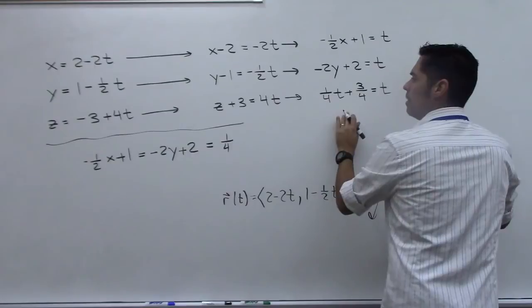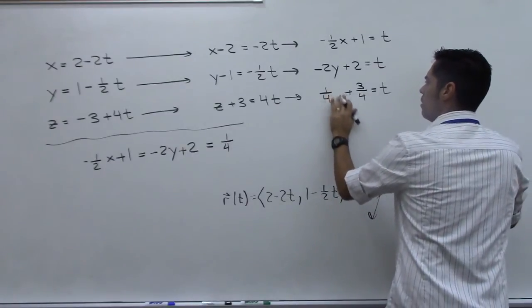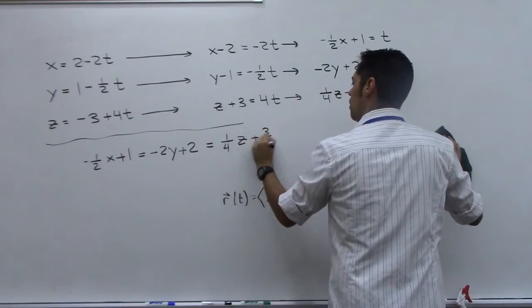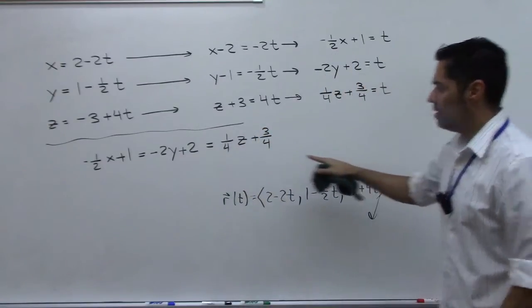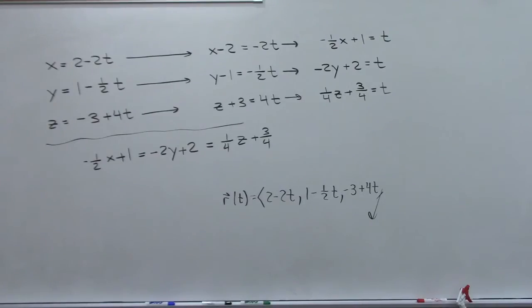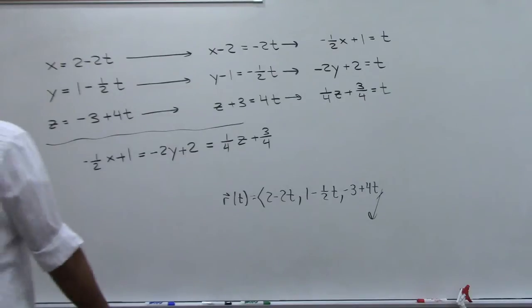Oops, this should have been z. 1/4 z plus 3/4. So this is your symmetric equation right here. And that's number 7. My answer looks a little different than the answer in the back of the book, but it's correct. It's the right answer.